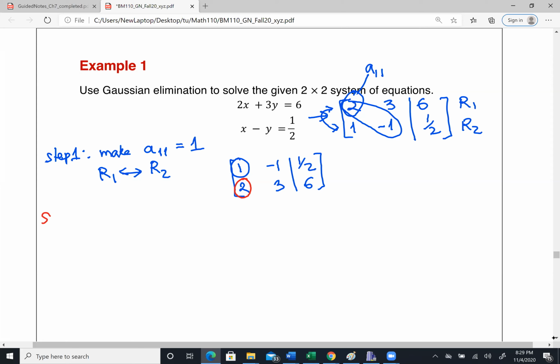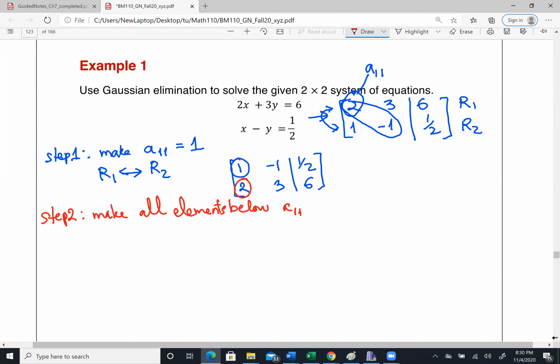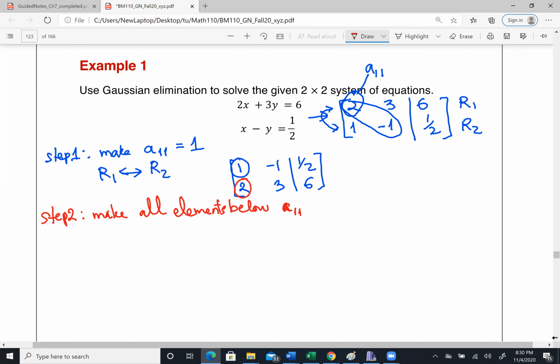So step 2: make all elements below A11 equal to 0. Make all elements below A11 to be 0.